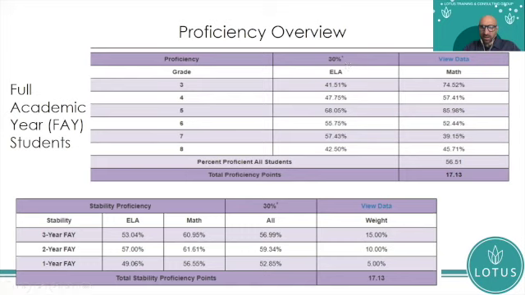So math is a success area overall, except for in 7th grade. And ELA, generally speaking, is an area where we want to focus our effort and our attention. So again, thinking about some trends overall. So, questions about this proficiency data and some of the questions that I'm asking you to consider as you're trying to understand your own data.